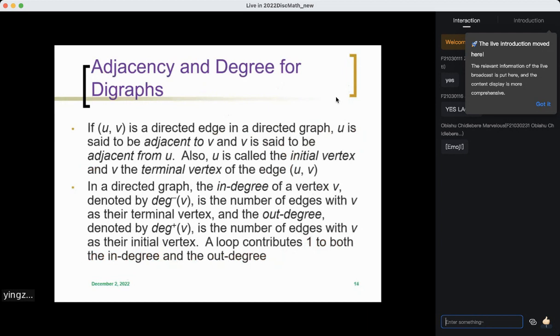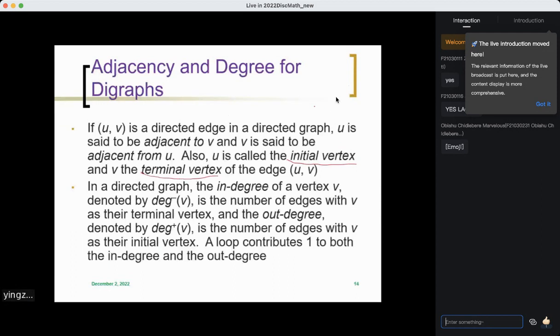If it is a digraph, we also have this concept, but we should be careful. We have the initial vertex and terminal vertex.